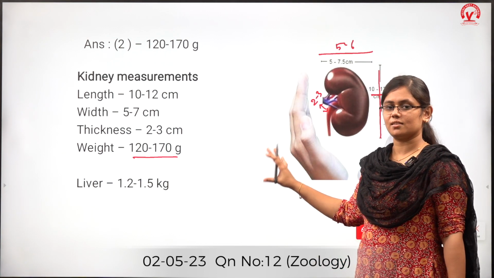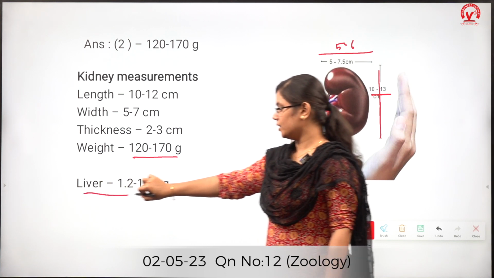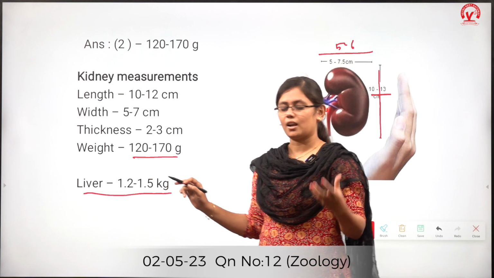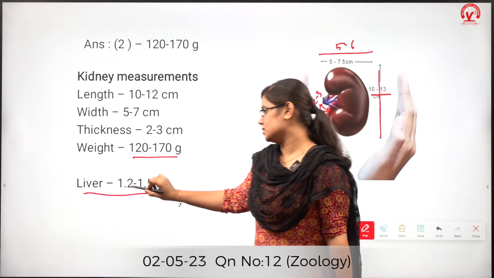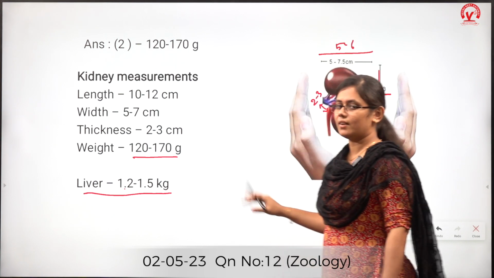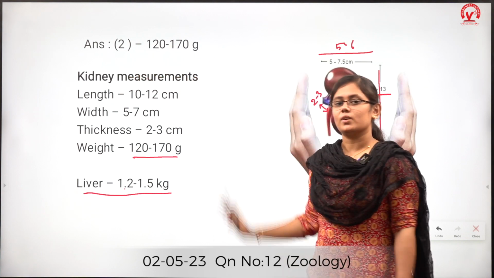So, you have to memorize and remember these values. Along with that, I have given an additional point which you have to remember: the weight of the liver. Liver is the second largest organ and the weight of the liver is 1.2 to 1.5 kg. So, remember these numerical values. For this question, the option will be option 2, 120 to 170 grams.